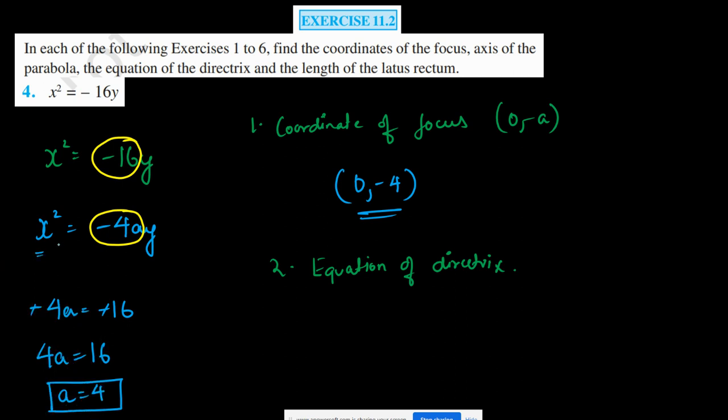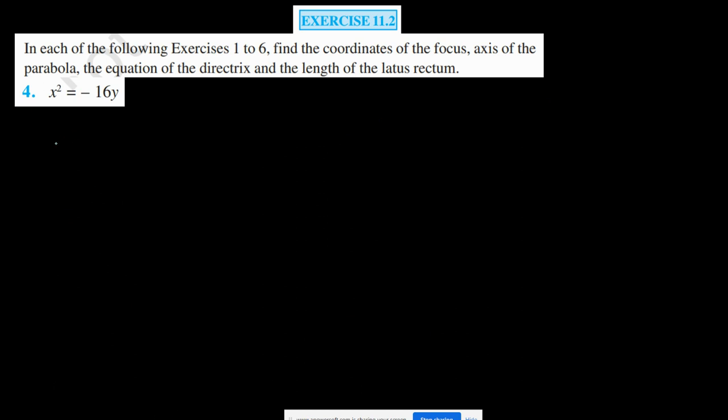Since it is x square, I'll be starting with y, and since I have a negative value, it is going to be positive a. y will be equal to a, right? Next, the length of latus rectum is going to be 4a. 4 multiplied by the value of a, which is 4, is 16 units.